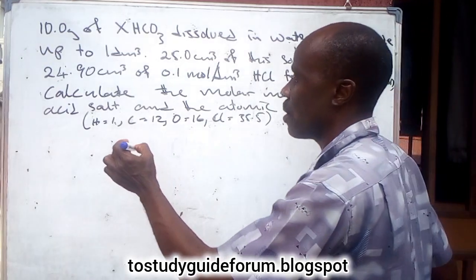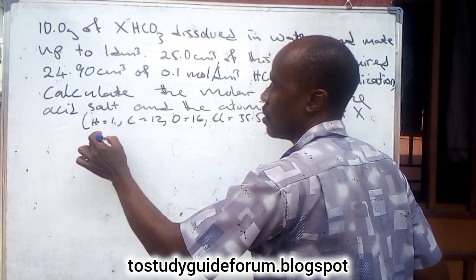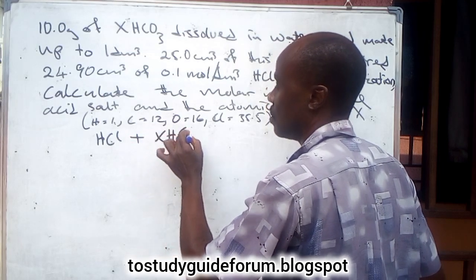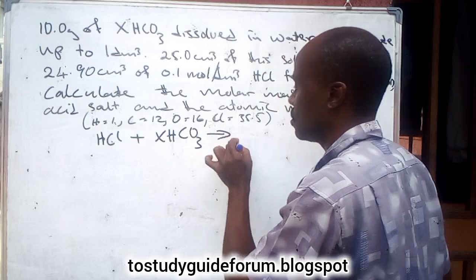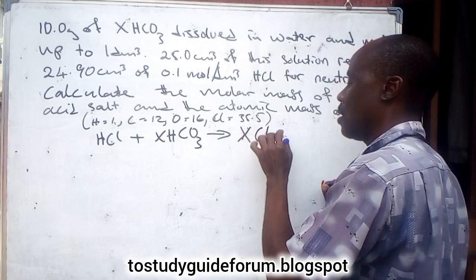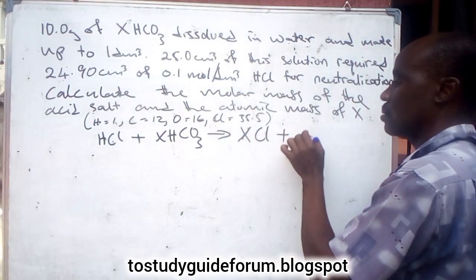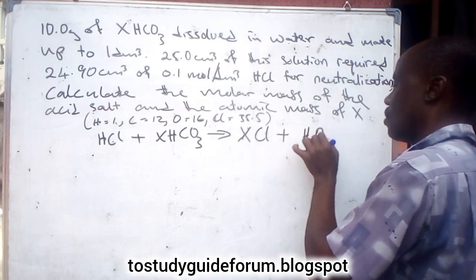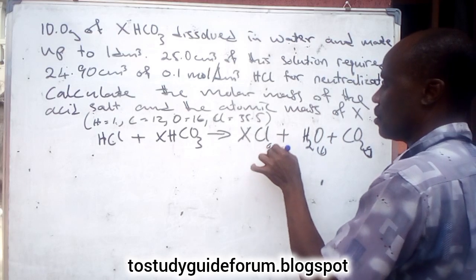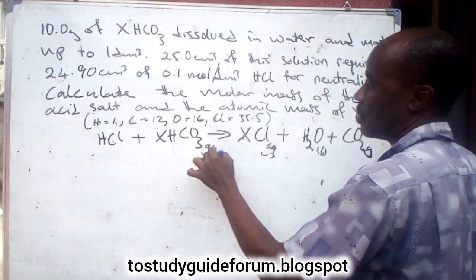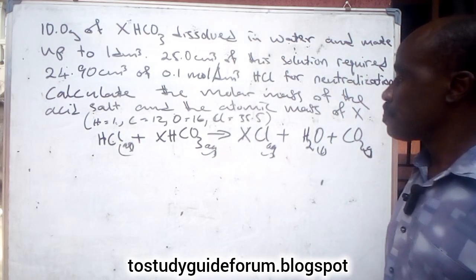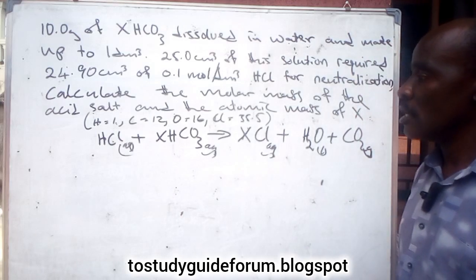So hydrochloric acid plus XHCO3 will give us XCl plus water and carbon dioxide gas, aqueous. This is exactly what we have in the balanced chemical equation.